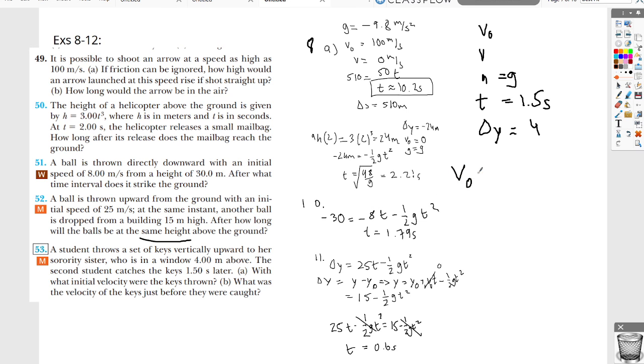Delta y, 4, is equal to v naught t minus 1 half gt squared.